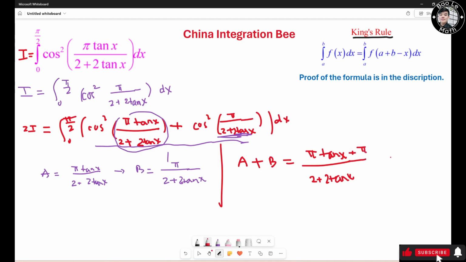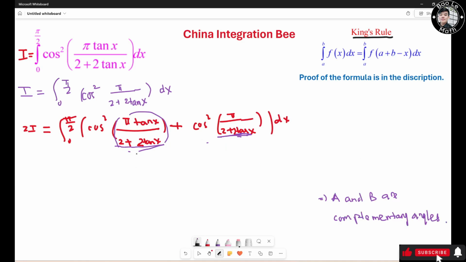Now I factor pi out, so I have pi times 1 plus tangent x. For the bottom I factor 2 out, so it will be 2 times 1 plus tangent x. So this cancels out, and a plus b equals pi over 2. It tells us that a and b are complementary angles.